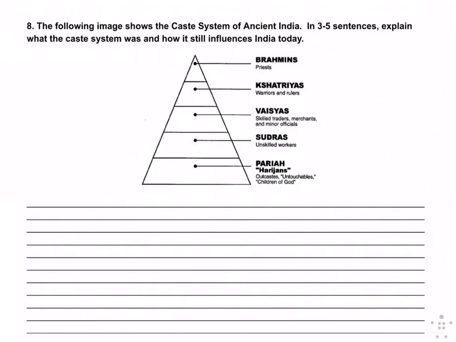So the reason why it was abolished or disbanded or completely eliminated was for the pure fact that it did have discrimination against people. For example, the untouchables, you literally could not touch them for fear of being contaminated. So the government went ahead and did away with this caste system.